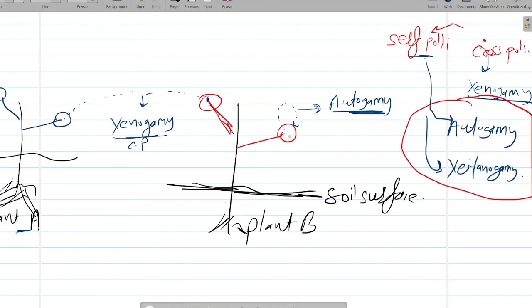Autogamy. What is the meaning of autogamy? Pollen grains coming out from a flower and being put on the same flower's stigma is called autogamy.